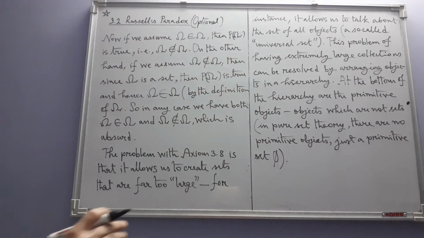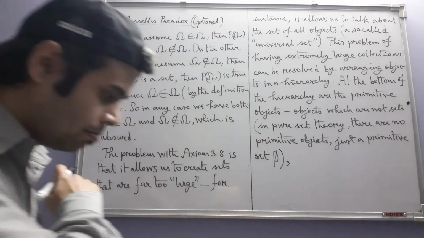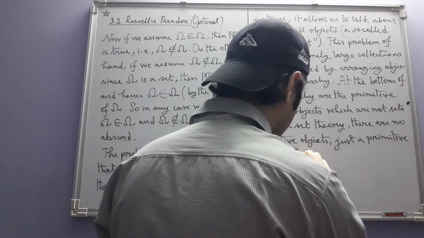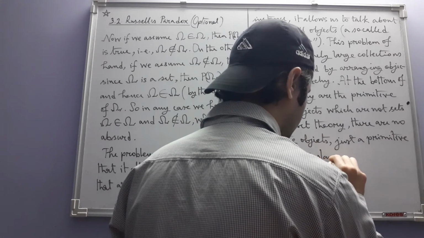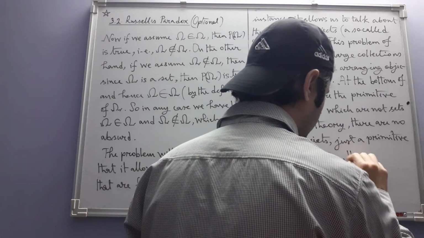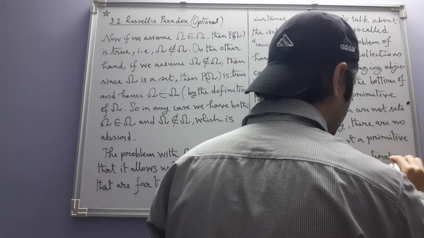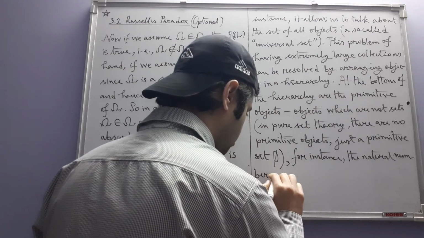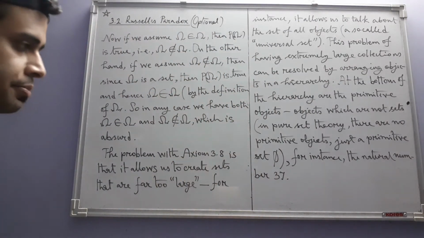So for instance, these are at the very bottom of the hierarchy, there are just primitive objects. For instance, the natural numbers. We can take one example, say 37. This is a primitive object.